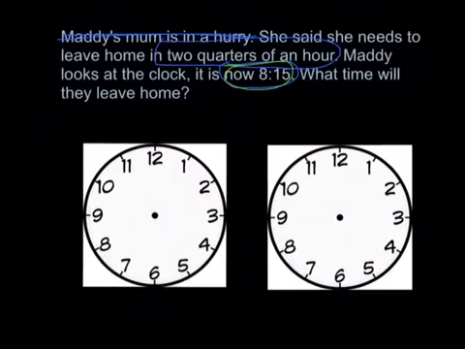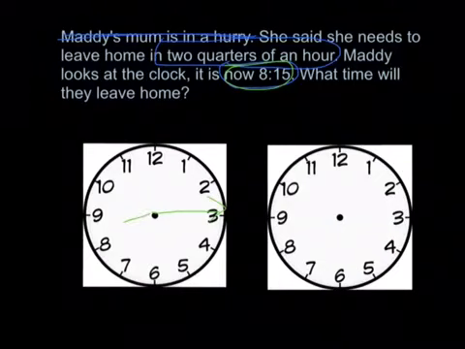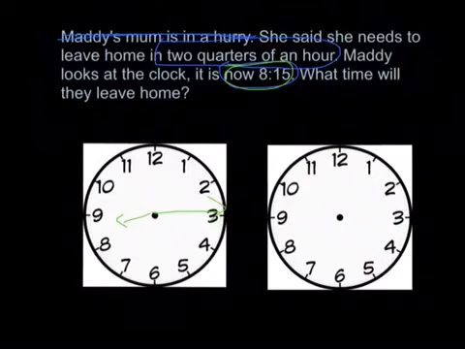Let's draw 8:15 on our first clock. So we know that means the minute hand is going to be on the 3 because it's 15 or quarter past, and the hour hand is just going to be past the 8. Okay, now it says she needs to leave home in 2/4 of an hour.